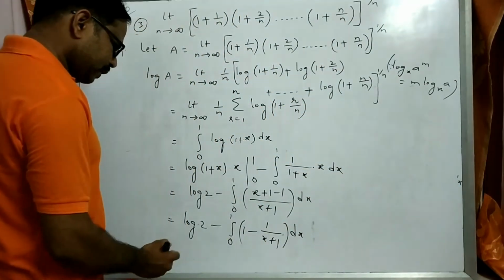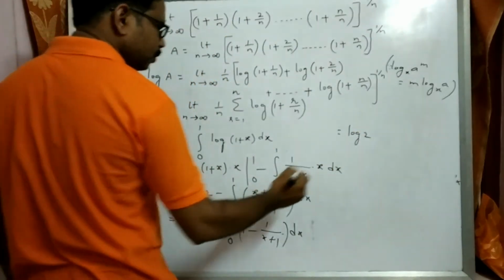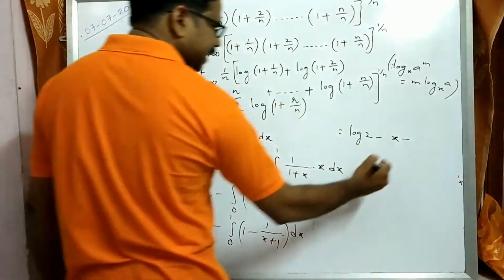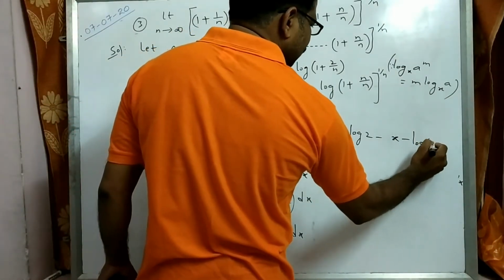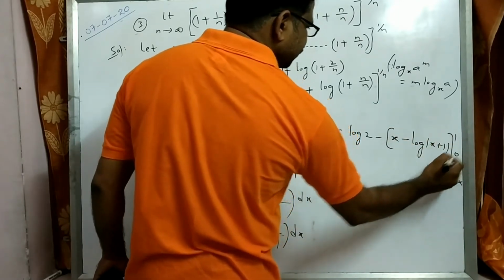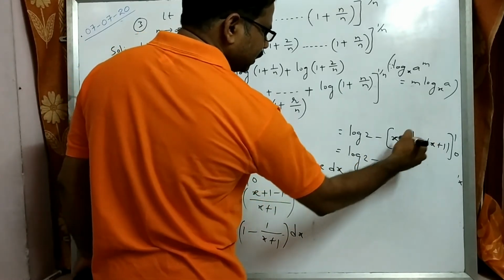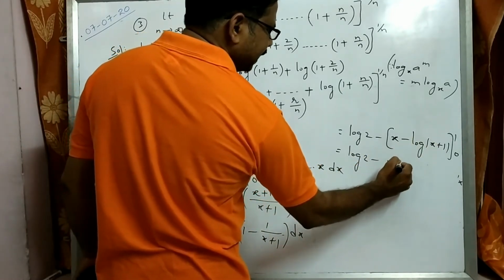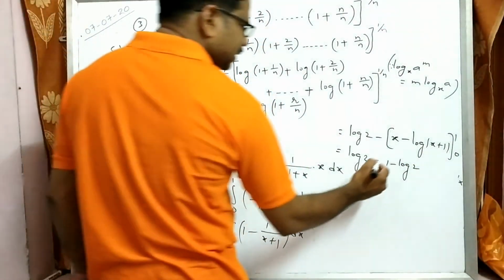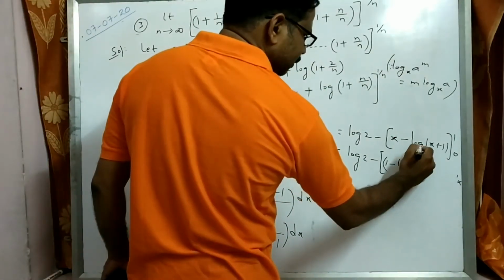The integration of 1 is x, and the integration of 1 by x plus 1 is log mod x plus 1. So what are the limits here? 1 and 0. So that is equal to log 2 minus of, instead of x keep 1, 1 minus log 2, minus 0, since log 1 is 0.